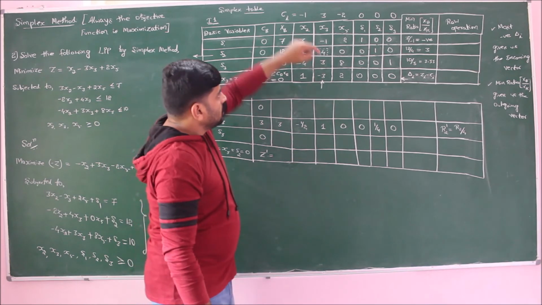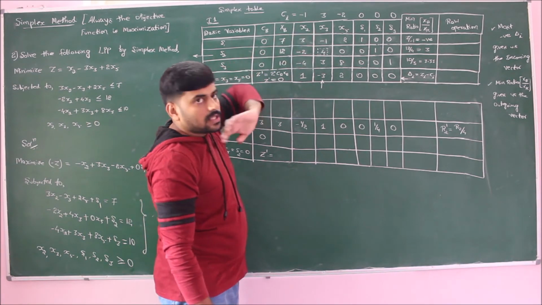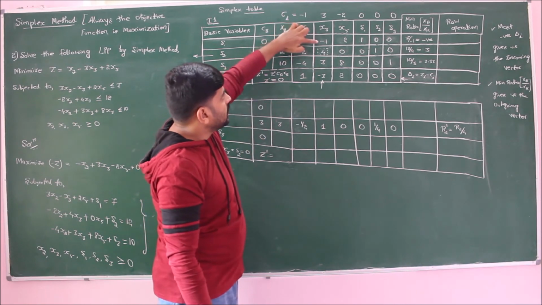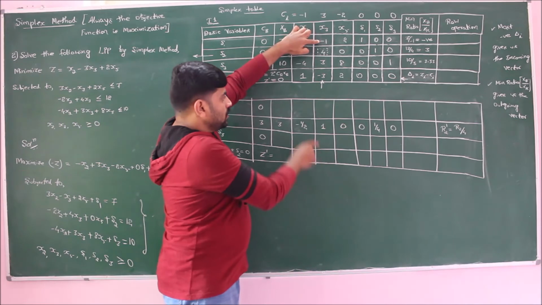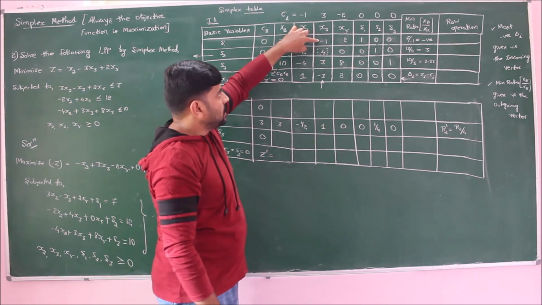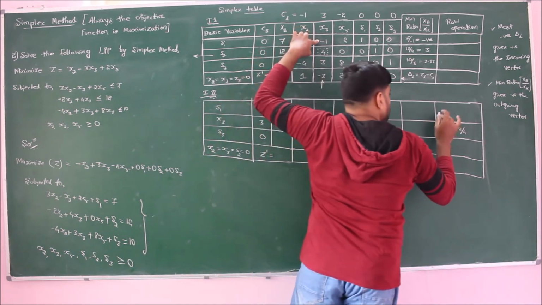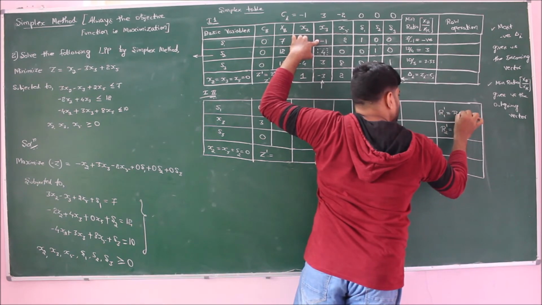Now above and below the key element we should have zeros. So here I have minus 1, I should make it 0 using the new row 2 that I got. So the new row 1, row 1 dash, will be equal to old row 1.